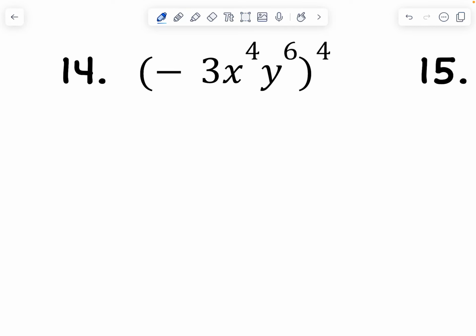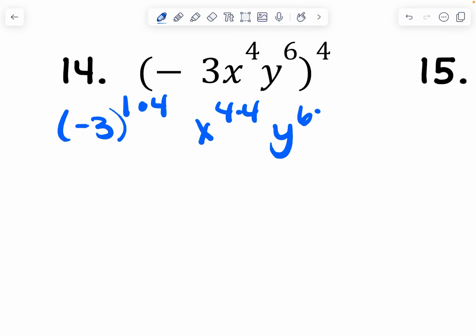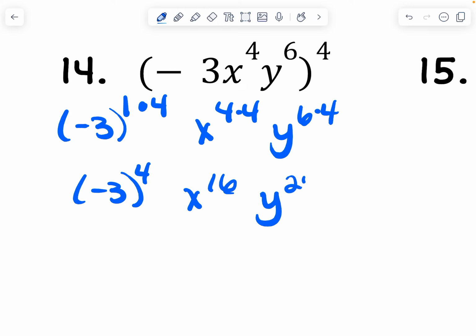This one, I have negative 3 to the 1st power times 4, 4 times 4, 6 times 4. I get negative 3 to the 4th power, x to the 16th, y to the 24th. Negative 3, all raised to the 4th power, is 81.